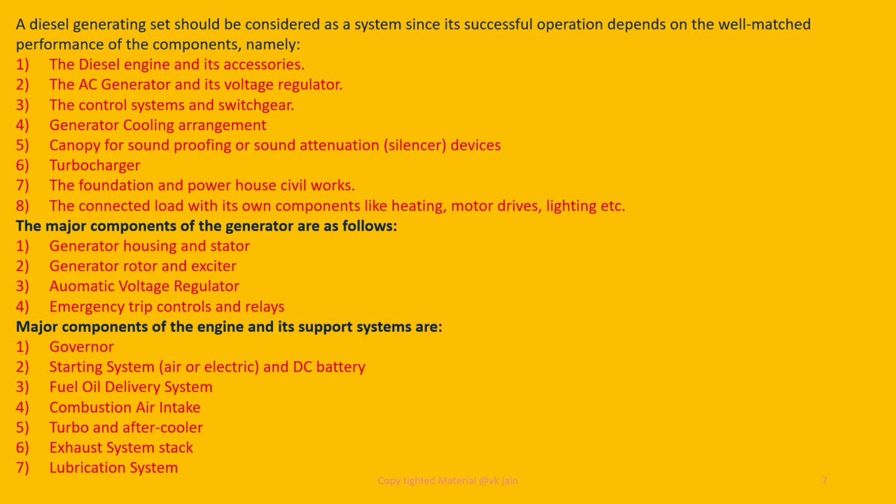Major components of the engine and its support system are governor, speed governor, starting system, that means air or electric, and DC battery, fuel oil delivery system, combustion air intake, turbo and aftercooler, exhaust system stack, lubrication system. Now this exhaust system stack, I'll give you details a little later in this presentation.